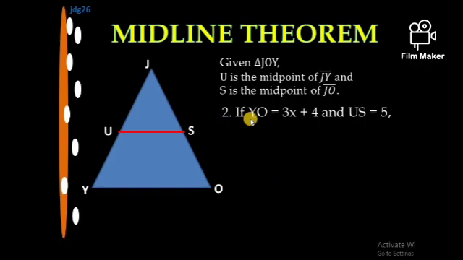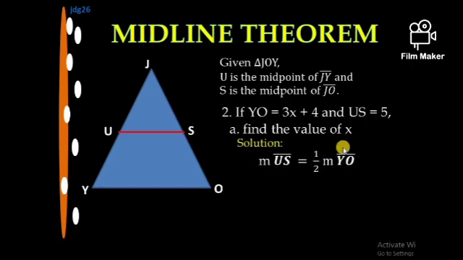Number 2, if YO is equal to 3x plus 4 and US is equal to 5, find the value of x. Here's the solution. The same formula ang gagamitin natin, which is the measure ng segment US is 1/2 the measure of segment YO.